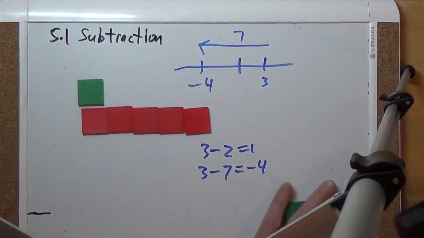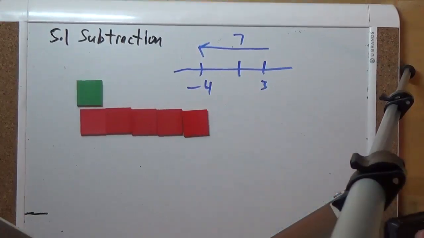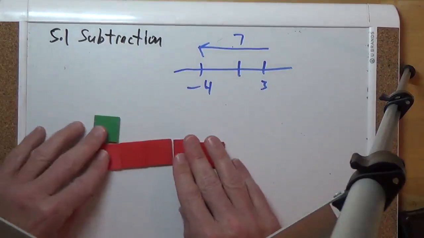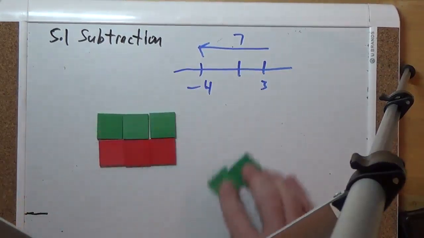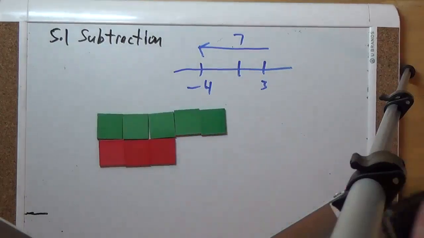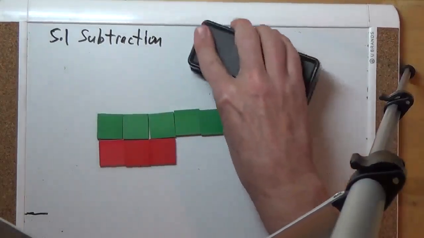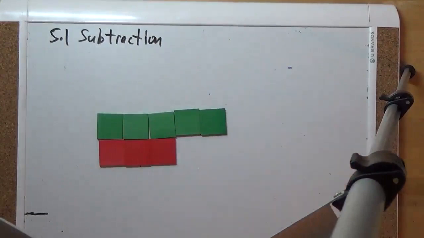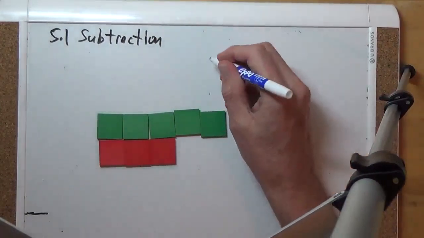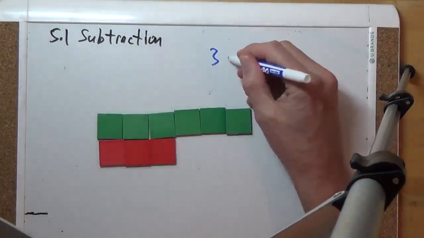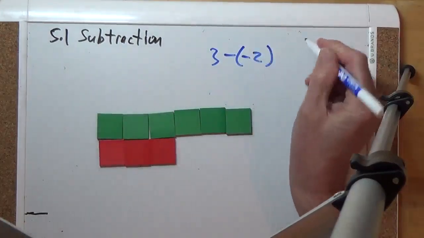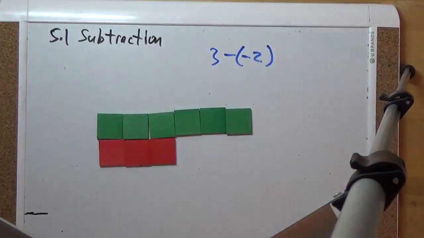Okay, let's try the other way. Let me start with something smaller here. And now this is big. Because now I'm going to do, let's start with our friend 3. 3 subtract -2.